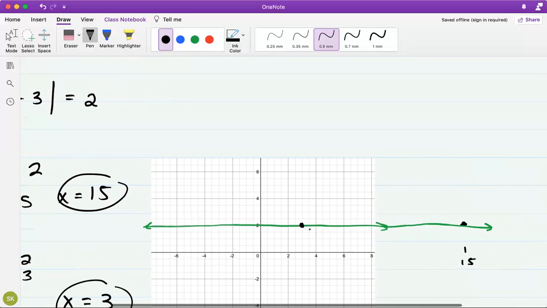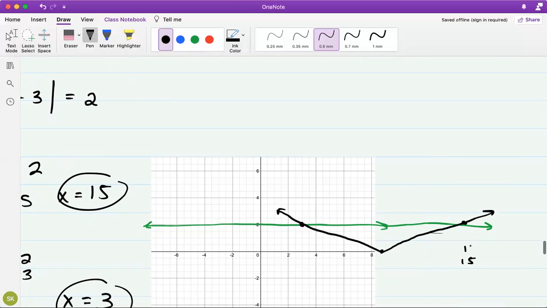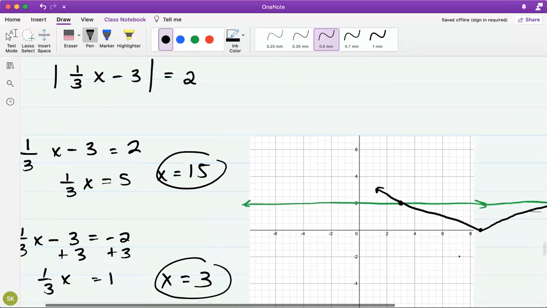So halfway between these two, because this is symmetric, 15 plus 3 divided by 2 is 9. So at 9, you're going to have a graph. If you wanted to graph this correctly, your graph would look something like this. And you would see that you're going through 3 and also 15.